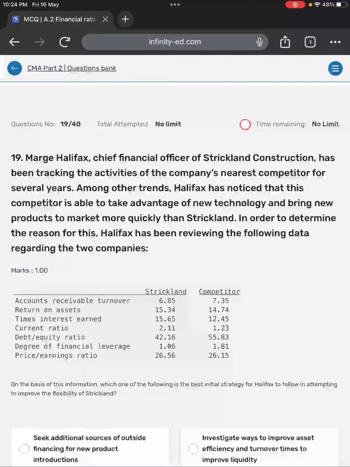Now question number 19. Merger. Halifax, Chief Financial Officer of Strickland Construction, has been tracking the activities of the company's nearest competitor for several years.